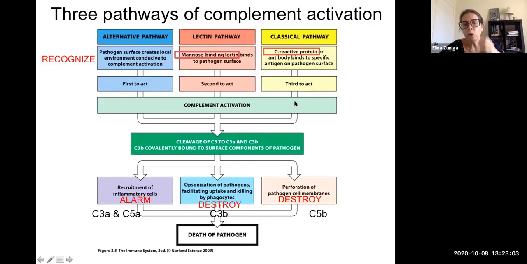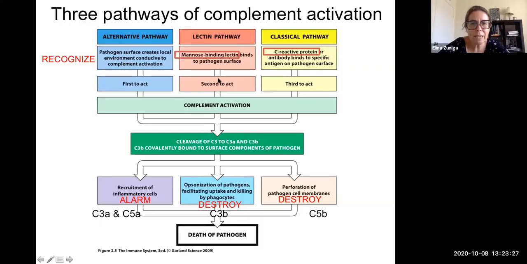And so both of them will lead to further activation of the complement after they are produced by the liver. That's why they are not as quick as the alternative pathway, which doesn't require any protein to be produced by the host. It just requires the complement to bind to the surface of the pathogen.